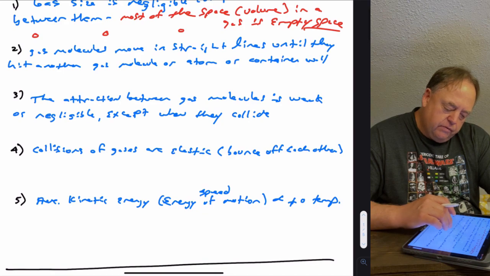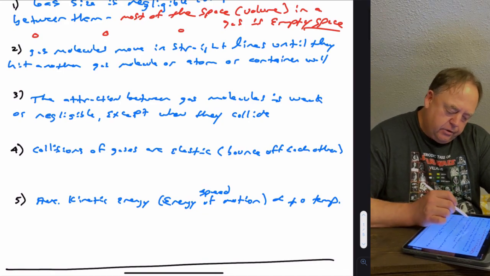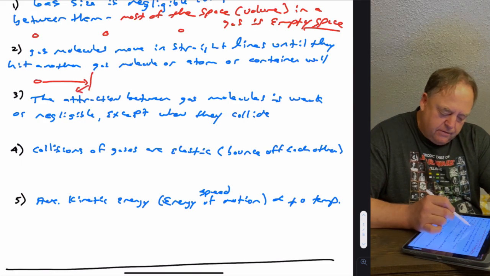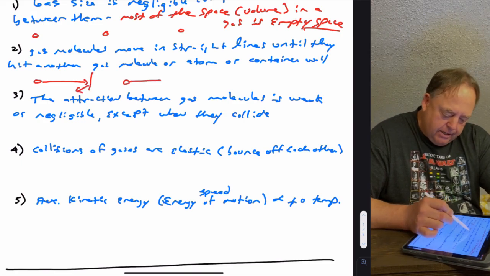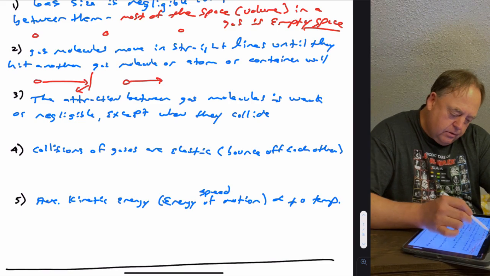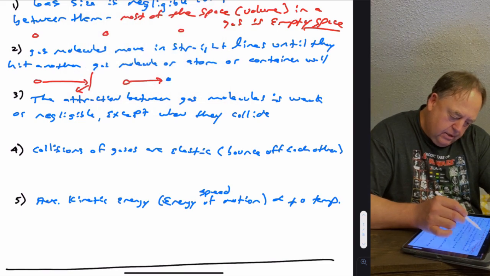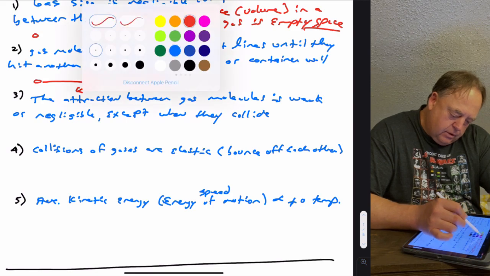Gas molecules move in straight lines until they hit another gas molecule or atom, or the container wall. So they move in a straight line until they hit the wall, and then they bounce off, or they move in a straight line until they hit another gas molecule, and then they bounce off.